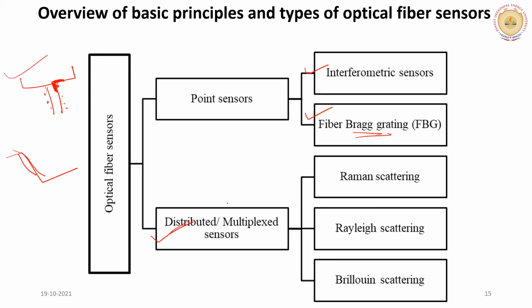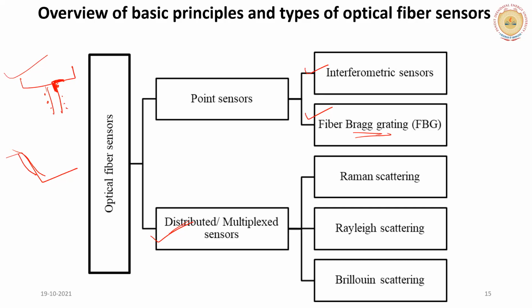So if you want to imagine these distributed sensors, they look like long threads, right? And these long threads, starting from location number 1 to say some 2 kilometers long, I can lay these optical fibers.